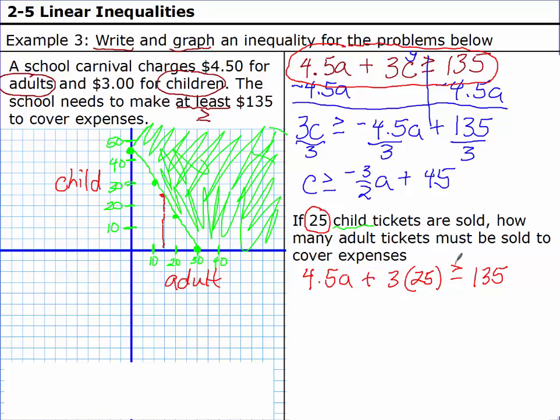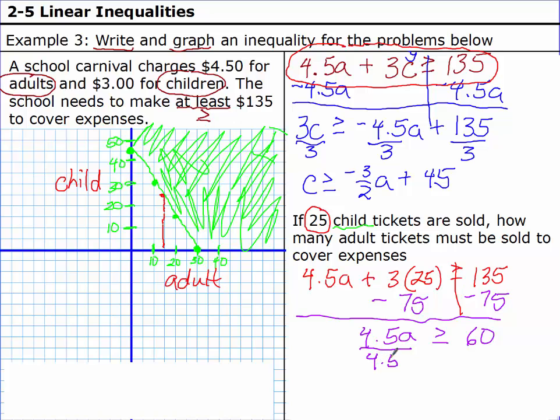I know that 3 times 25 is 75, so if I subtract 75 from both sides, I get 4.5a greater than or equal to 60, then divide by 4.5, and you get a is greater than or equal to 13.3 repeating.